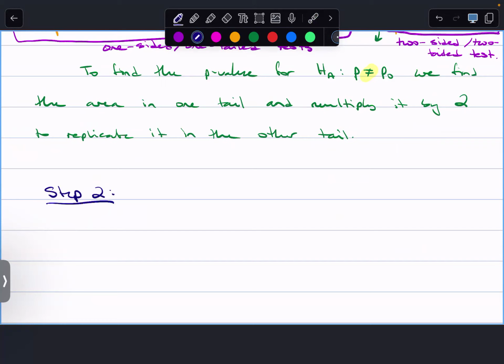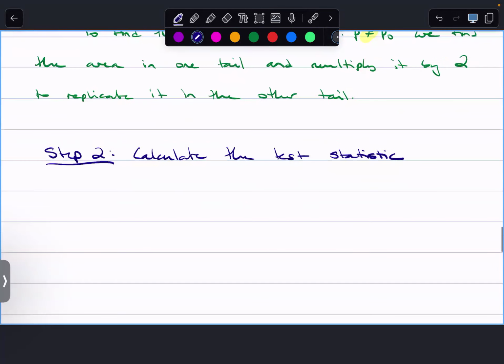Step 2 is technically calculate the test statistic. Now, I find that kind of boring to think about. It's true, calculate the test statistic, but I call it do the test. I think it sounds cooler. So do the test. And I'm being generic here because the test statistic is going to change.